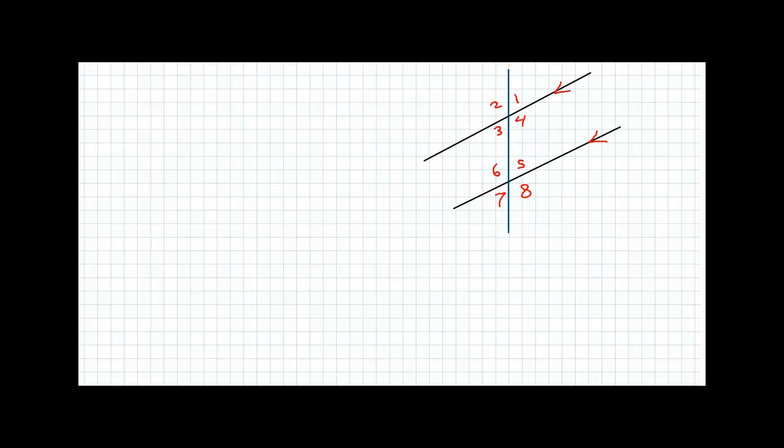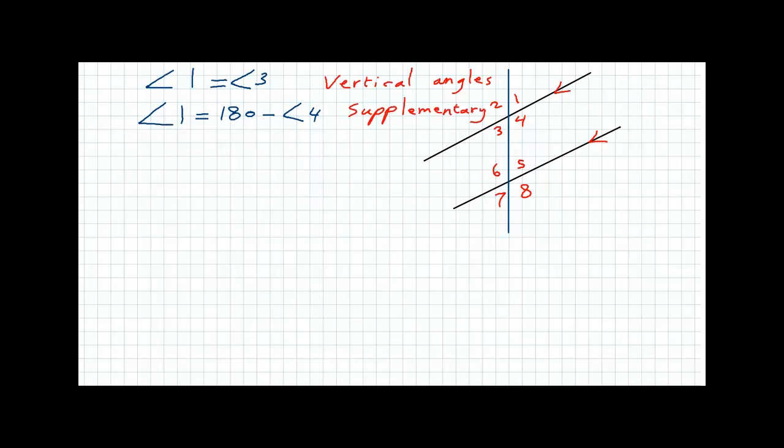For example, angle 1 should be equal to angle 3, and that is because they are vertical angles, and this we took before. Also, angle 1 is equal to 180 minus angle 4, and that is because they are supplementary angles, and also we took that before.